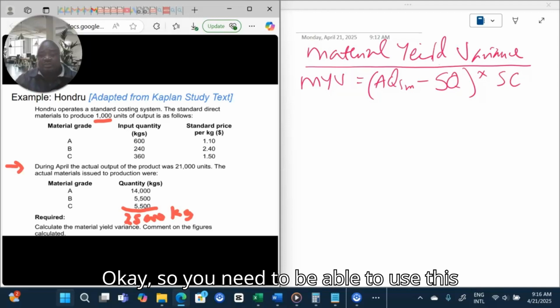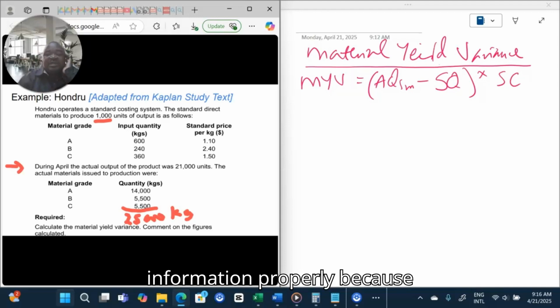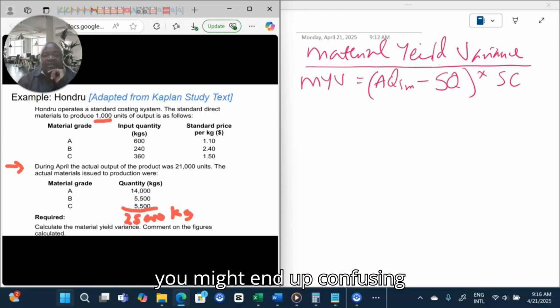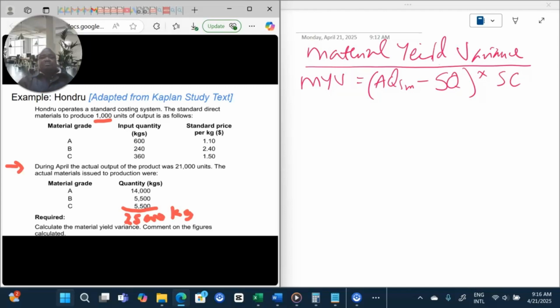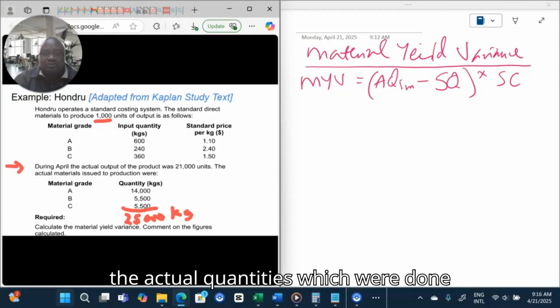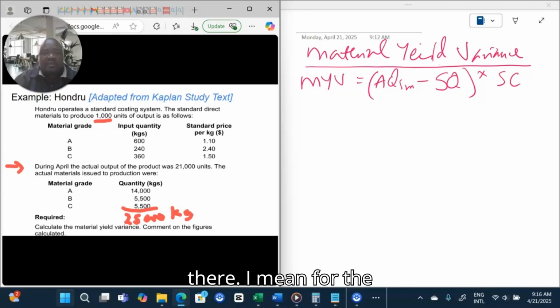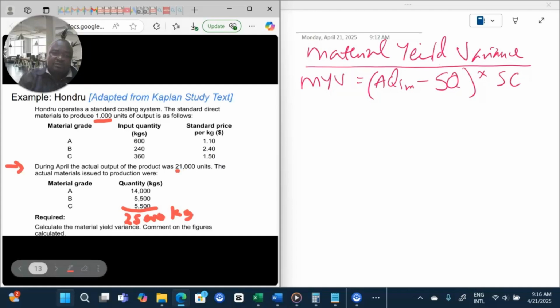Okay, so you need to be able to use this information properly because you might end up confusing yourselves. So what is then the standard quantity for the actual quantities which were done there? For the actual units which were produced.